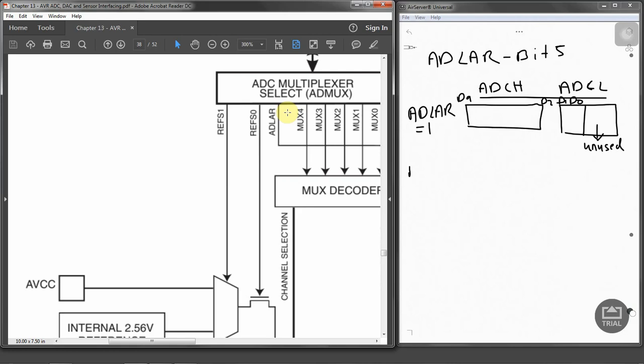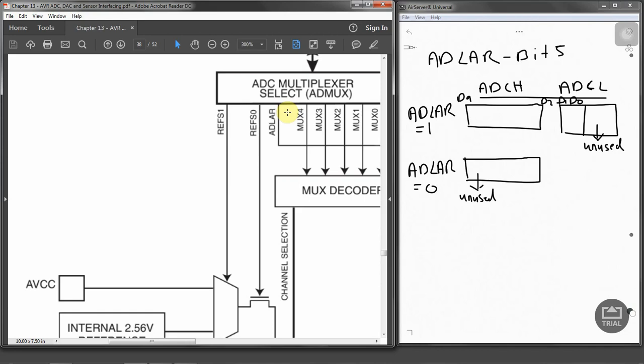Or if we set ADLAR to 0, in this case we right justify the results. So this will be the unused part.